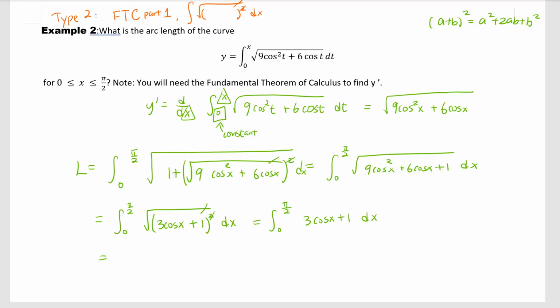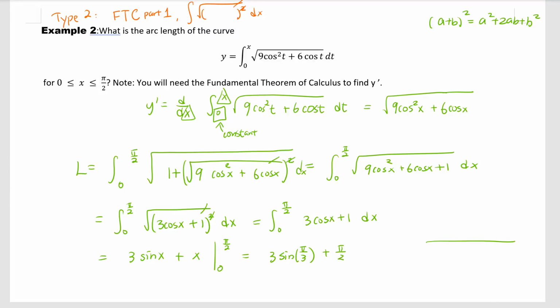Next, the integral of cosine is sine, because the derivative of sine is positive cosine. The integral of 1 is just x. So we plug in pi over 2, and what is sine of pi over 2?